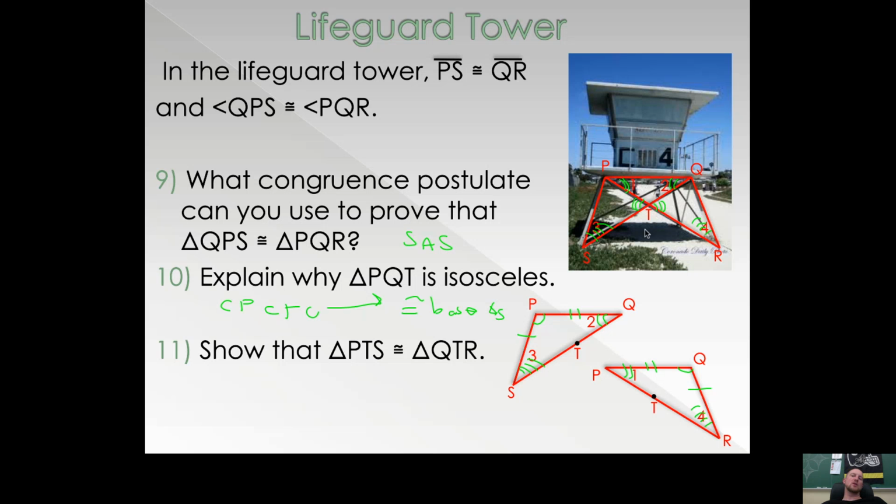You can see why drawing a separate picture is really a good idea because this gets really, really busy really fast. And then segment PS, we already have one slash mark on it, and segment QR, we have one congruent slash mark on it. If you focus on these two little triangles that they ask you about, they're congruent by angle, angle, side.